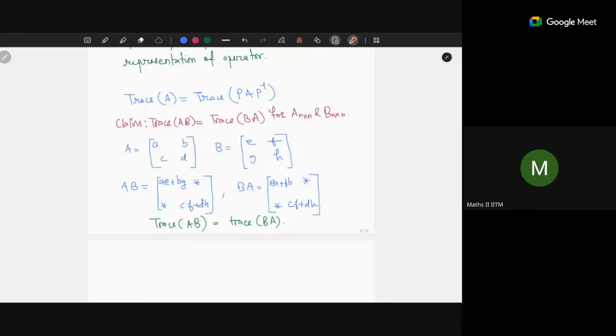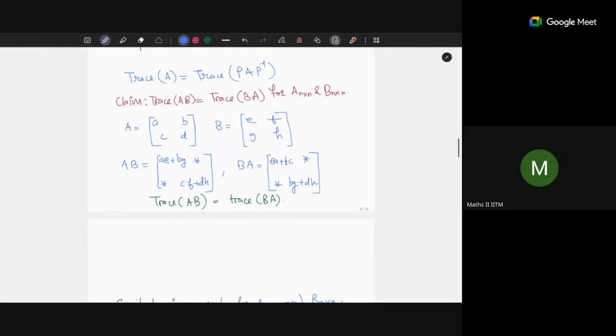And for the second diagonal entry, second row, second column, it is gb plus hd. Now it is fine, right? Thanks for pointing that out.